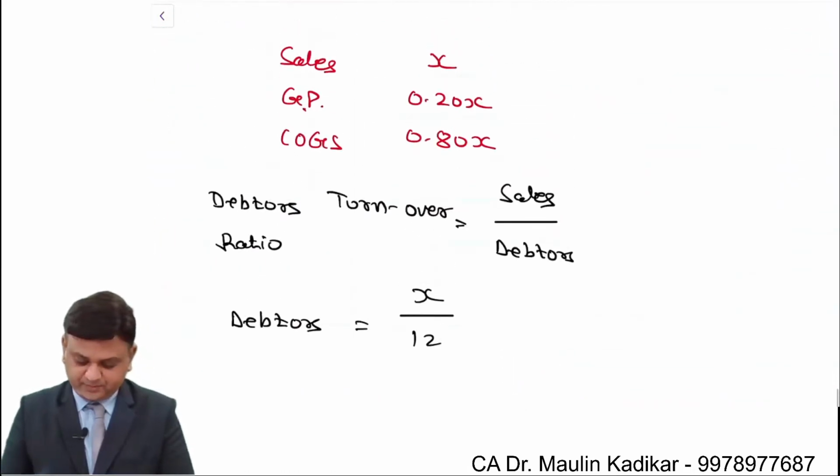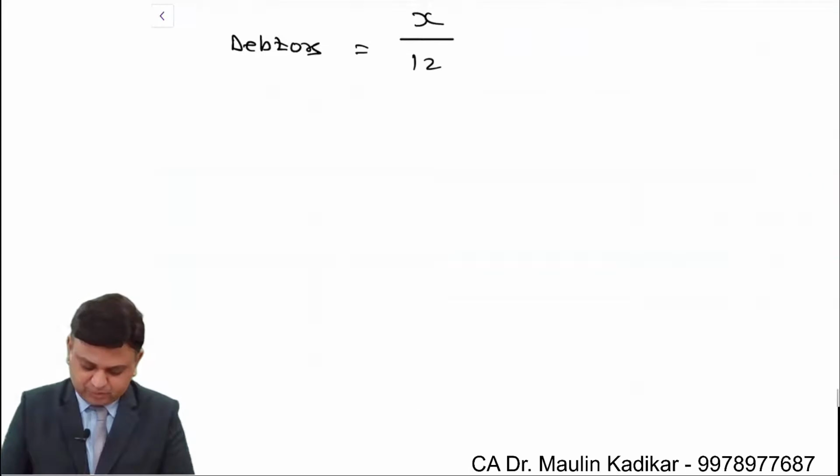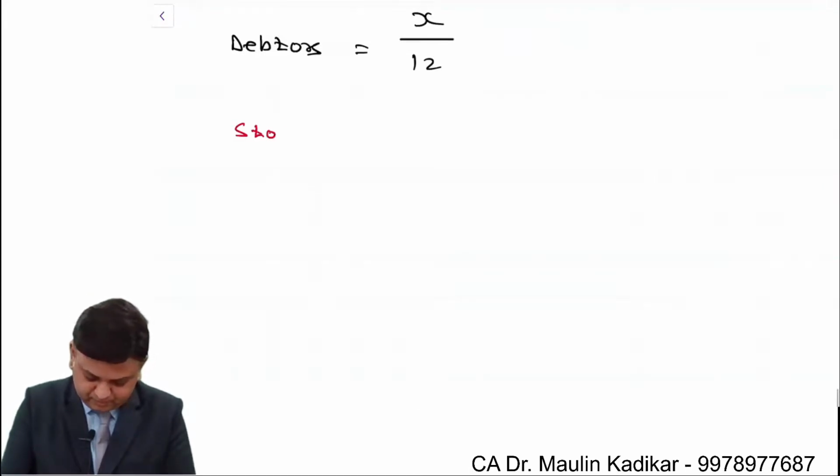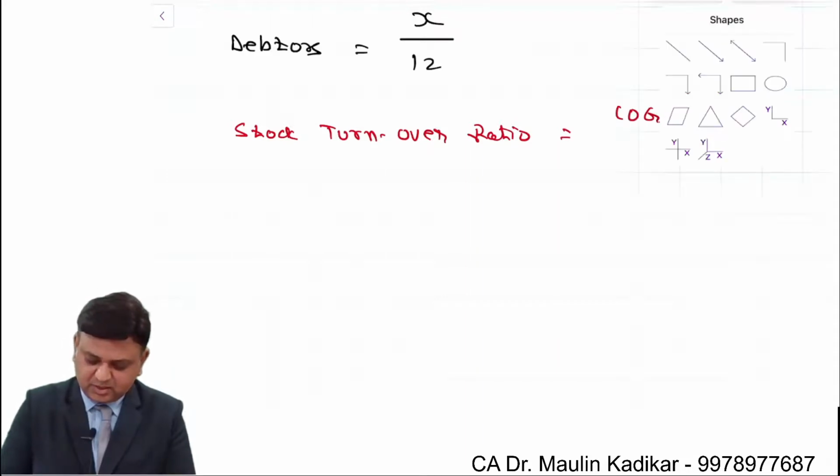Now, we understand that the stock turnover ratio is equal to COGS upon stock.